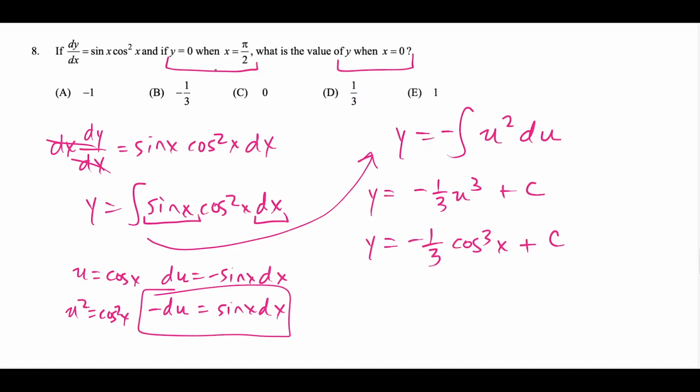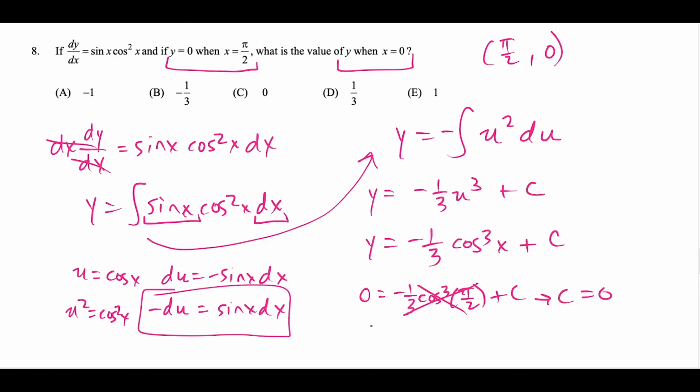But now, once again, we're using the initial condition that the point pi over 2 comma 0 is on this curve. So if we just plug in y equals 0 equals negative 1/3, and we have cosine cubed at pi over 2 plus c, we'll just know cosine at pi over 2 is 0. So this tells us that c is equal to 0.